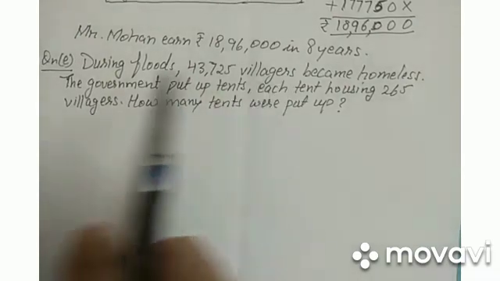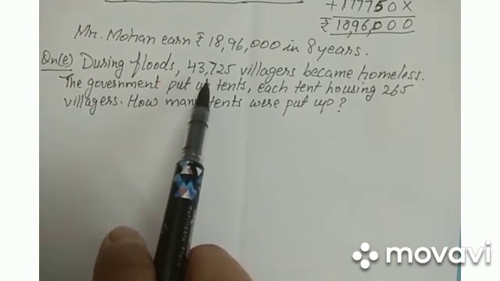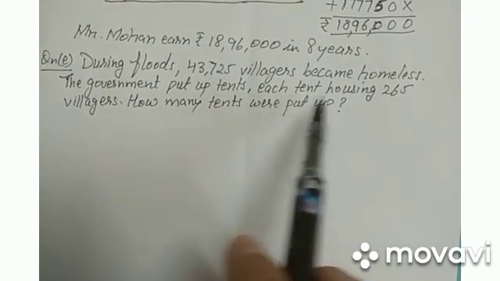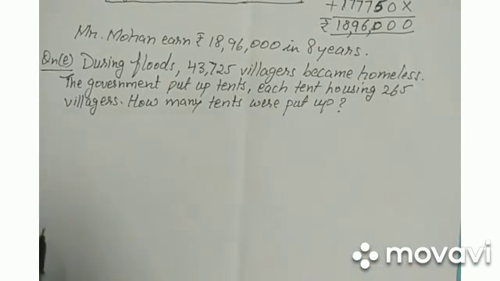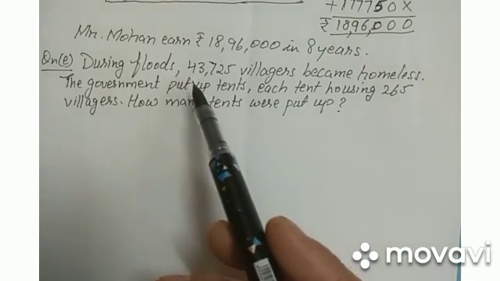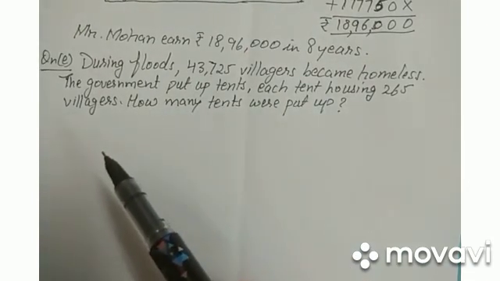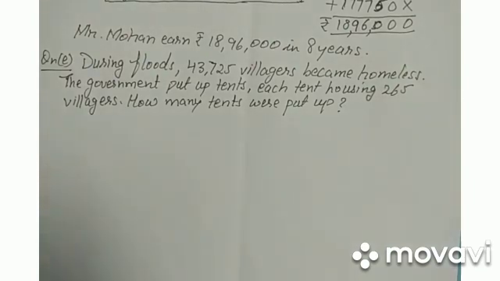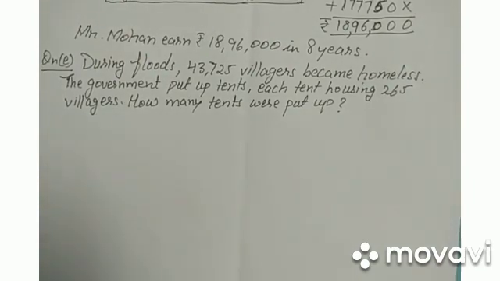Here the total number of villagers is given and the number of villagers in each tent is given. How can you understand this question? Suppose you have 100 toffees and 25 toffees can come in one packet. So how many packets can you make?